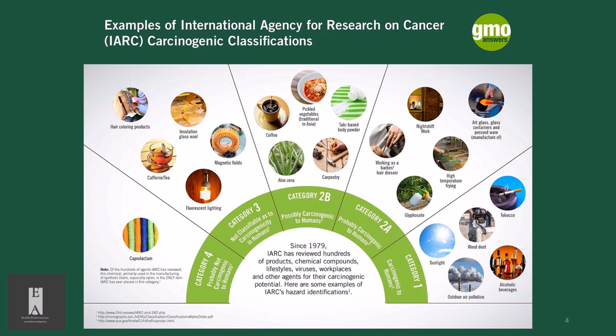The International Agency for Research on Cancer, or IARC, has classified materials in four different groups based on their potential to be carcinogen.